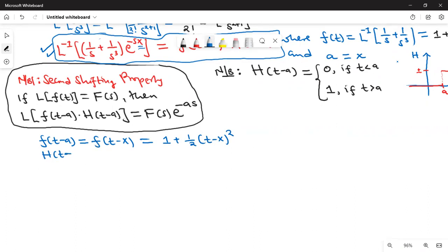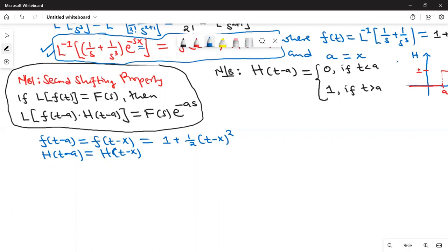Our a is x, so that is h of t minus x. In this case, I don't know h explicitly, but I know it is piecewise. It is 0 to the left of a, and it is 1 to the right of a.